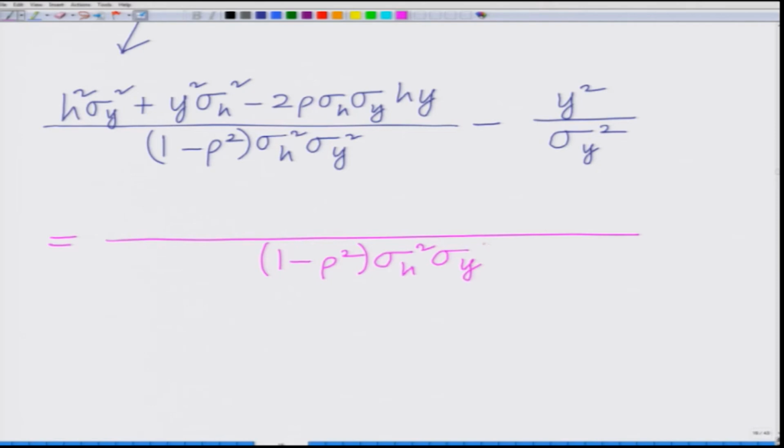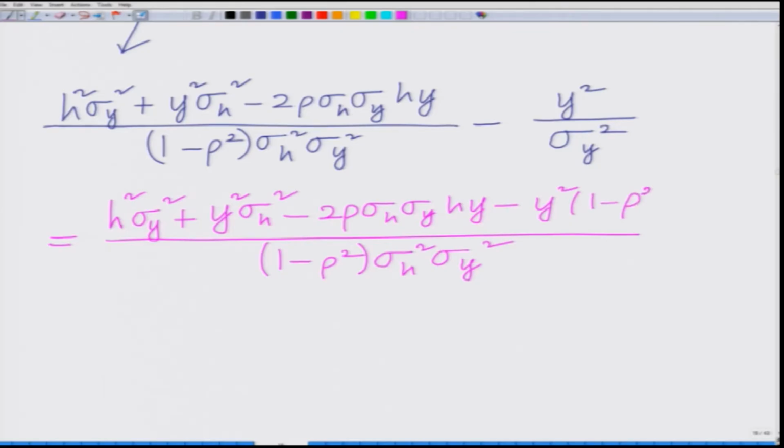1 over 1 minus rho square sigma h square sigma y square, times h square sigma y square plus y square sigma h square minus 2 rho sigma h sigma y h y, minus y square times 1 minus rho square sigma h square, that is the term I will get over here.